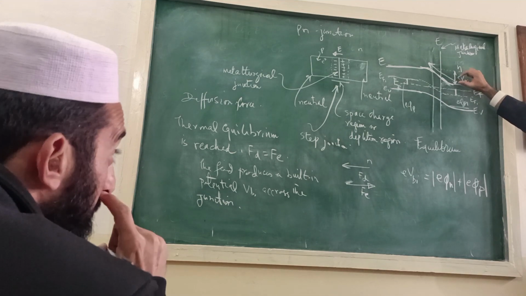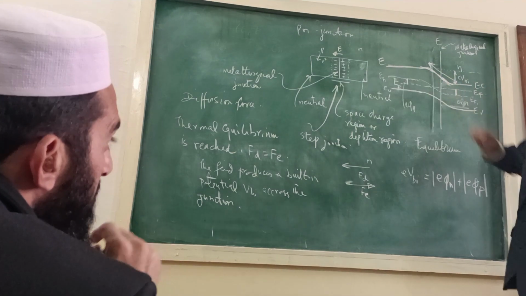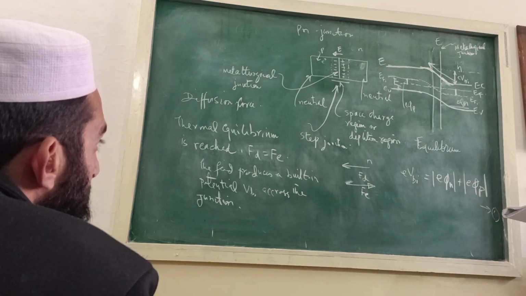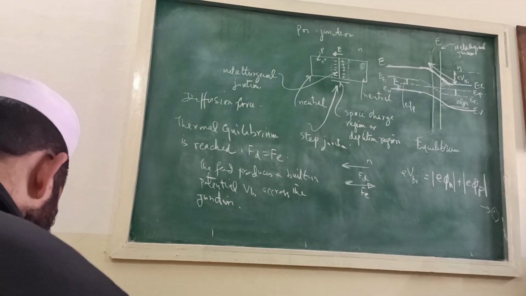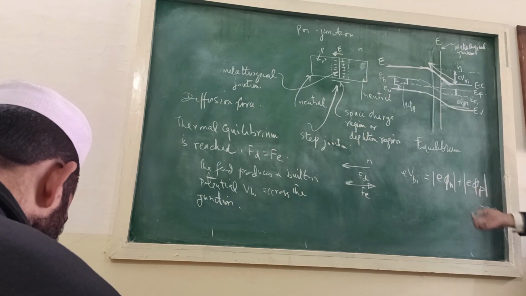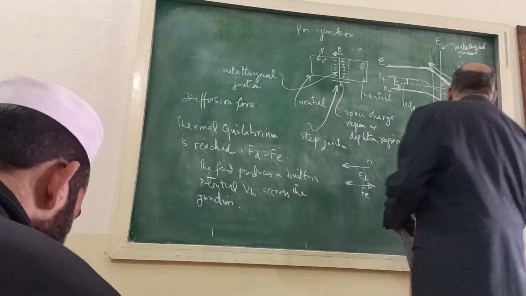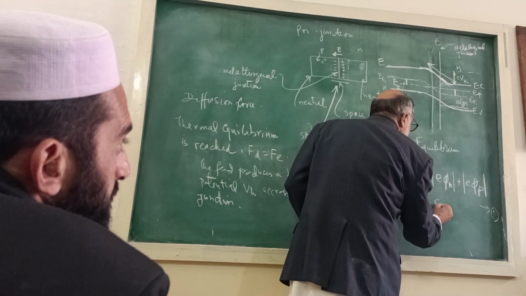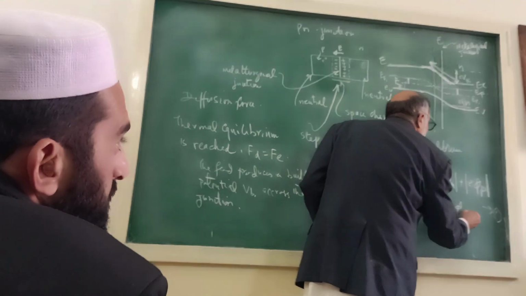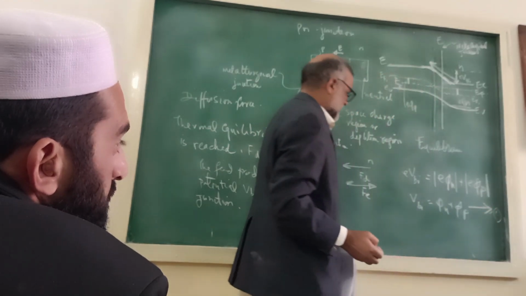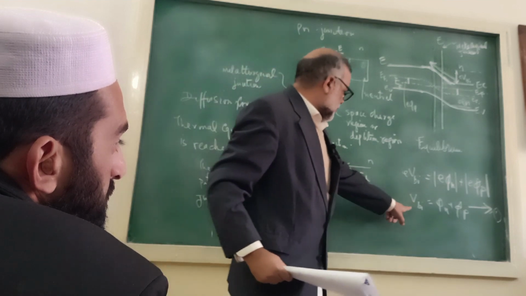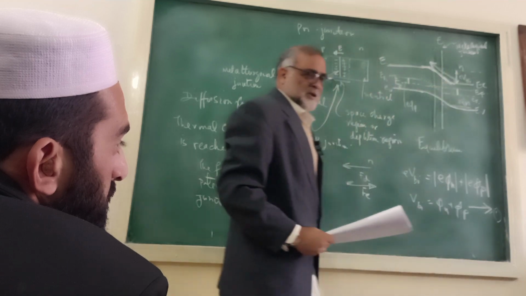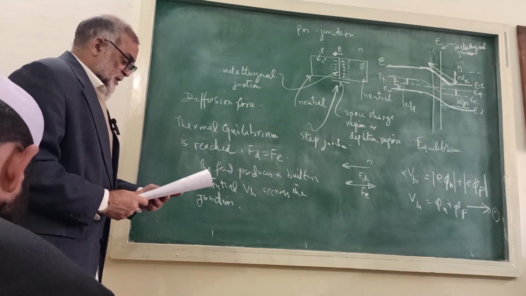This is equation number 1. If I divide it by E, then that will be phi n plus phi p, and this is equation number 1. The built-in potential in terms of this potential and this potential. Now we are going to determine what these potentials are.